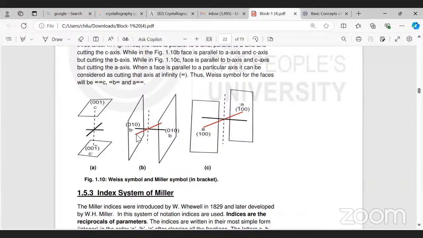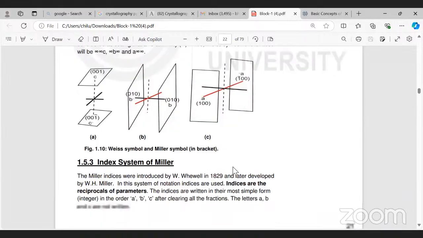And for B, this one, it is intersecting only one here also, so 0 1 0. And the final one is 1 0 0, also intersecting only one, so we give A equal to 1, B equal to 0, C equal to 0, 1 0 0.